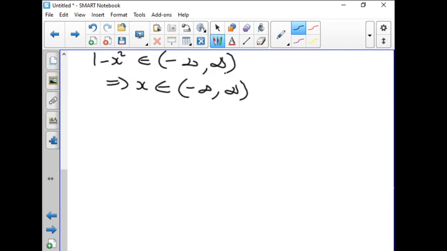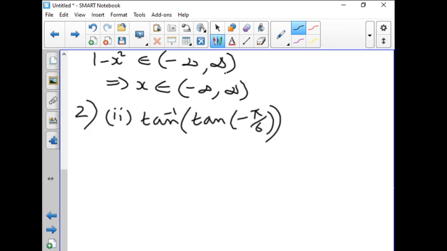Okay, next we will go to the second question. Second question, first subdivision you can take it for homework, because we have done similar ones in the other class, for sine and cos. So what about the second one, tan inverse of tan minus pi by 6. This also is very simple actually. So we know that minus pi by 6 belongs to minus pi by 2 comma pi by 2.